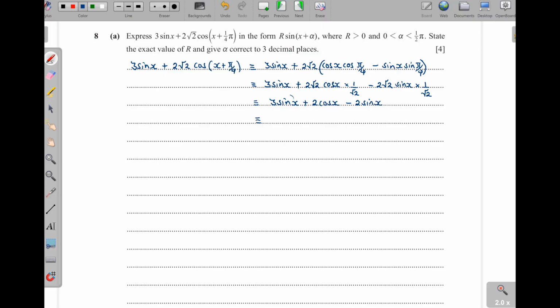Then of course we simplify, and you will have sine of x and then plus 2 cosine of x.